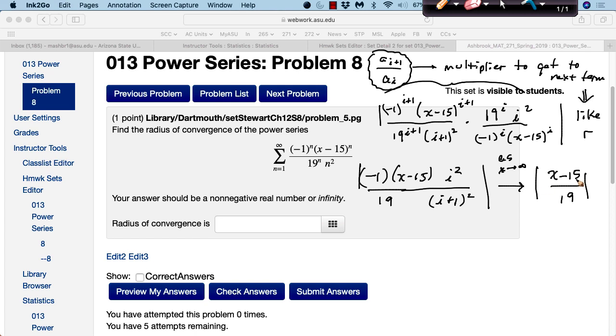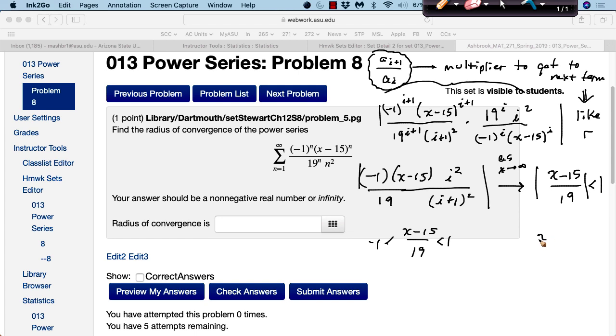And as long as that limit is less than 1, then this series is becoming a geometric series that converges, right? So for whatever x values make our multiplier between -1 and 1, the series will converge. So we'll have x minus 15 over 19 between 1 and -1.